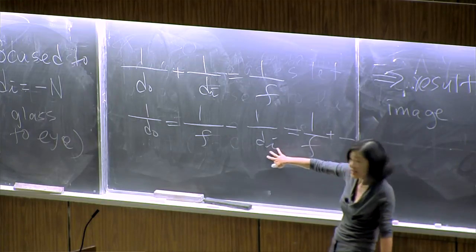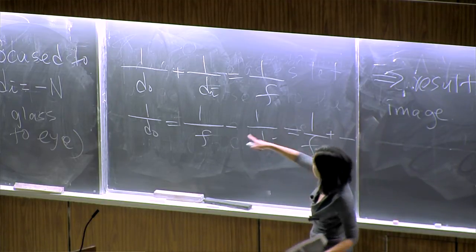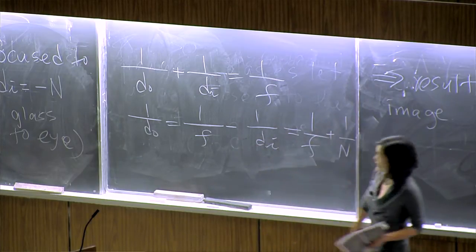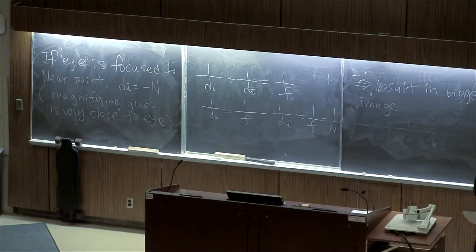And given that d sub i is minus n, I can just substitute it in, and minus minus becomes a plus. This is the relation. This is just simple algebra, right?